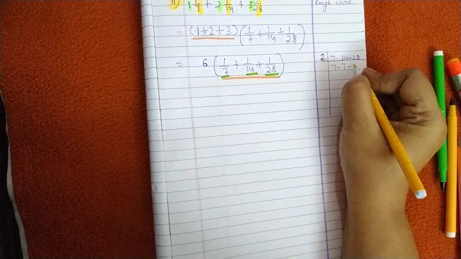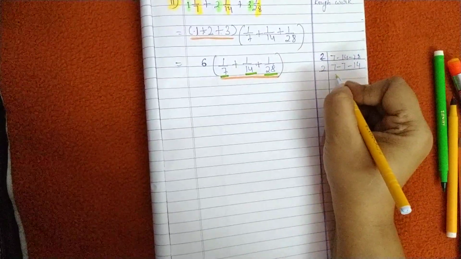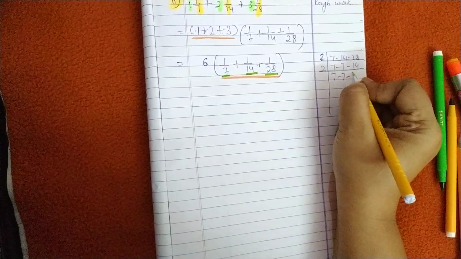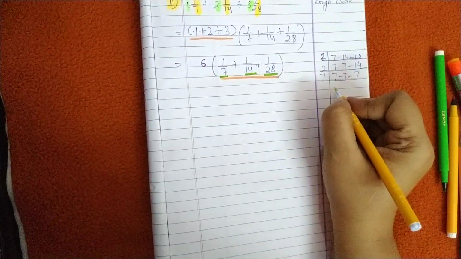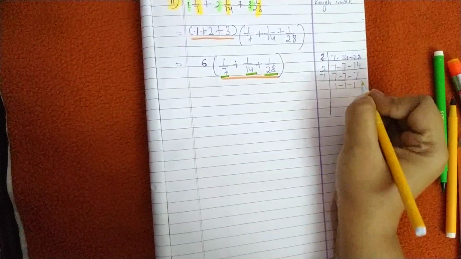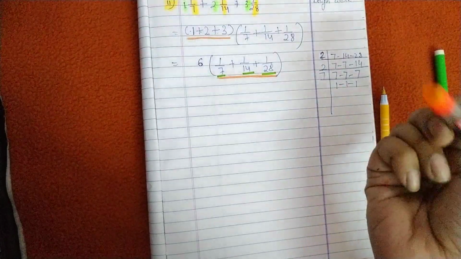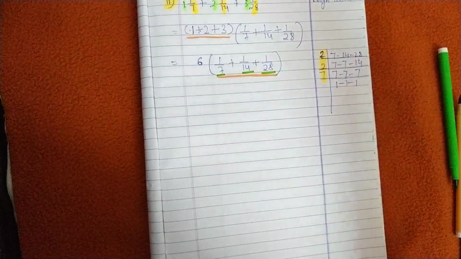So 14. Again with 2, 7, 7, 7. Now 7. Why 7 directly? Because 7 is a prime number. 1, 1. Now what we have to do children? Simple. We have to multiply these outer numbers.